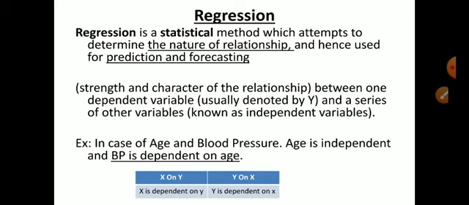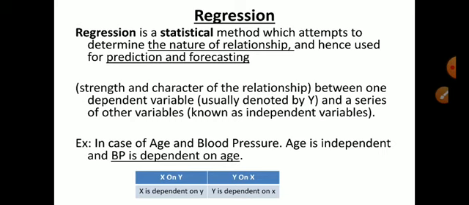We have to understand one thing here. There are two things: one is the dependent variable and another one is the independent variable. If you consider age and blood pressure, blood pressure depends on age, and age is not dependent on the blood pressure.